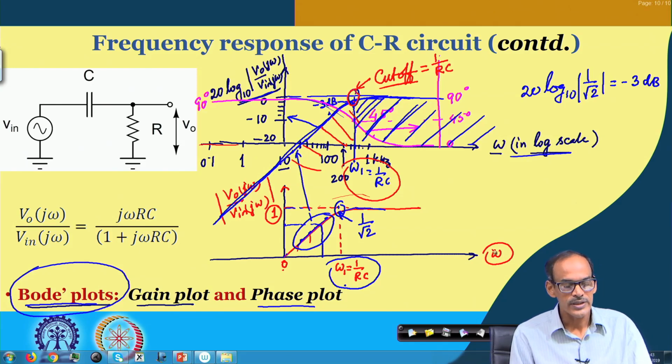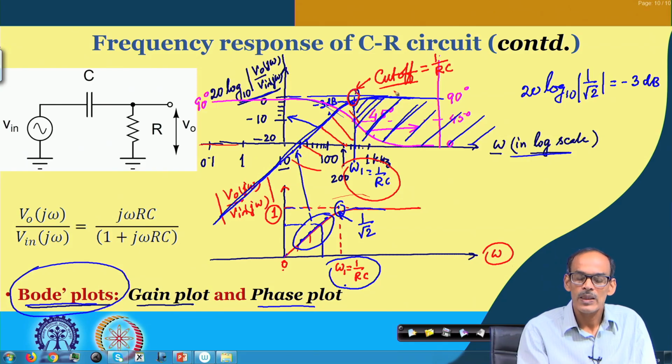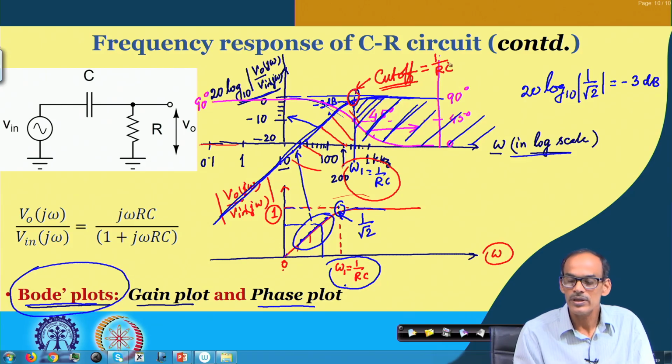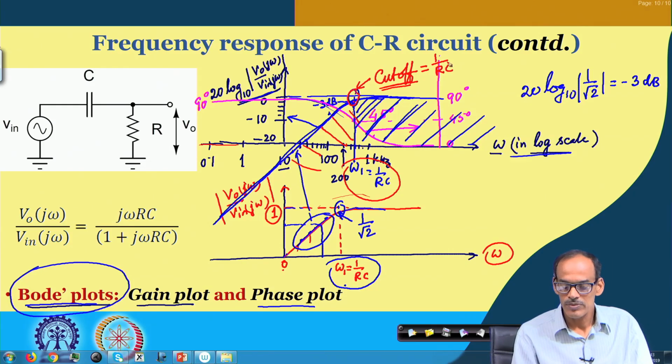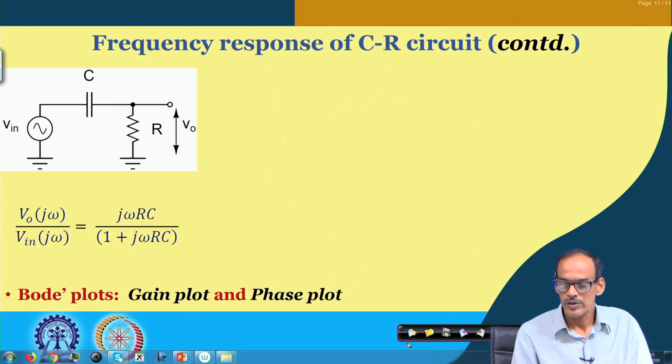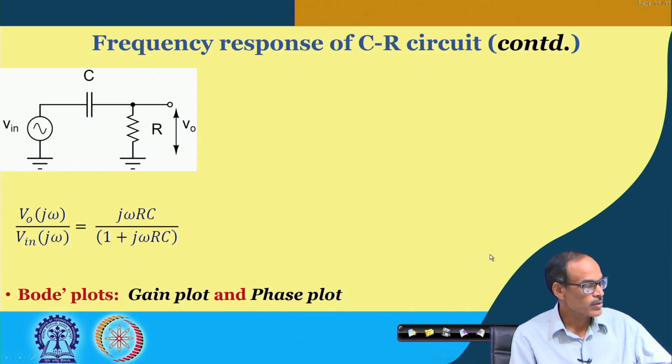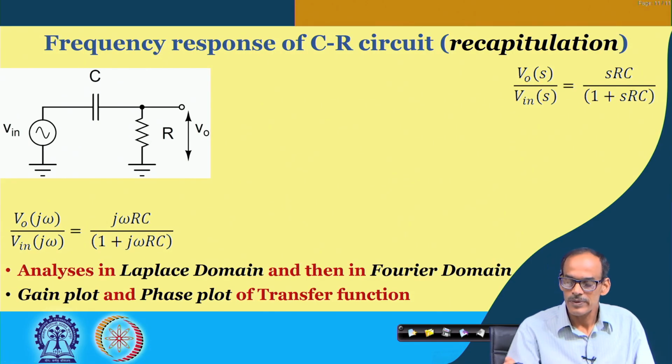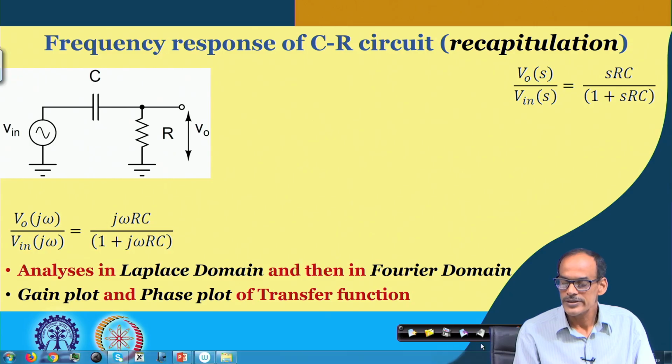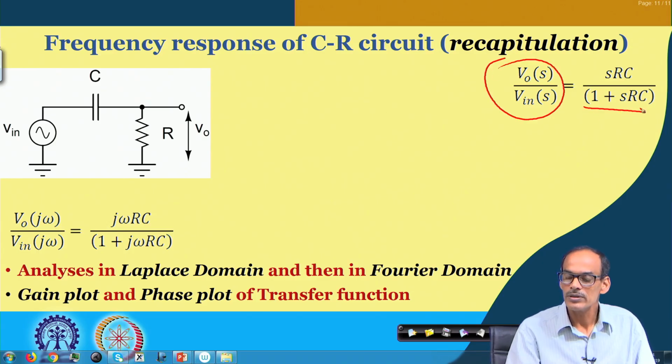One interesting thing is that if you see here the expression of the cutoff frequency, and if you see the previous slide where we were talking about the transfer function in Laplace domain, there is one important piece of information: the denominator polynomial of this transfer function becomes 0 at s is equal to 1 by RC.